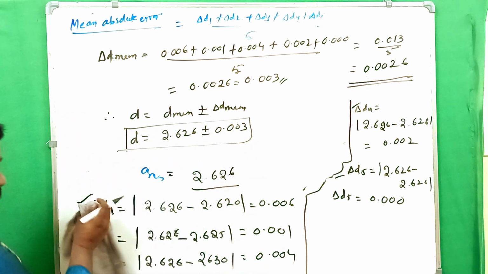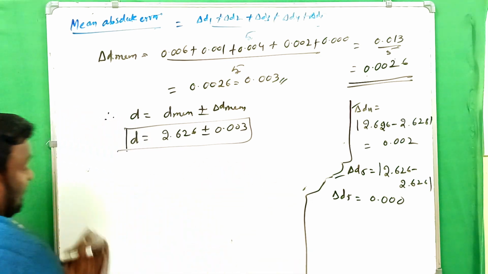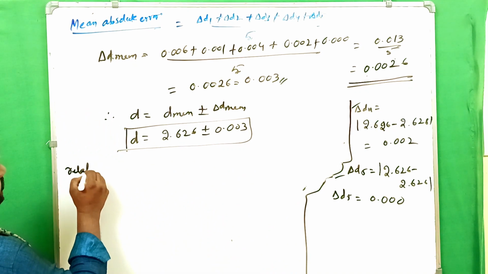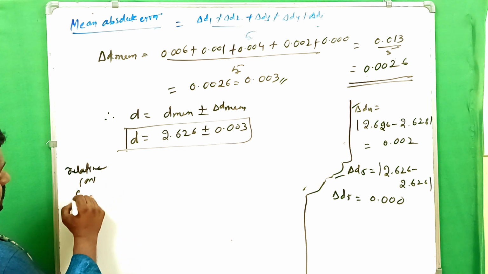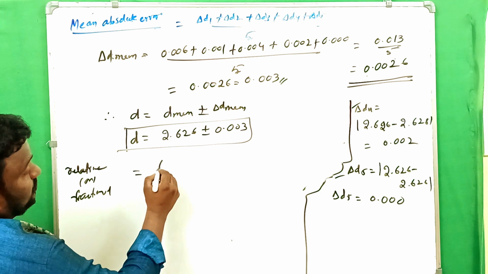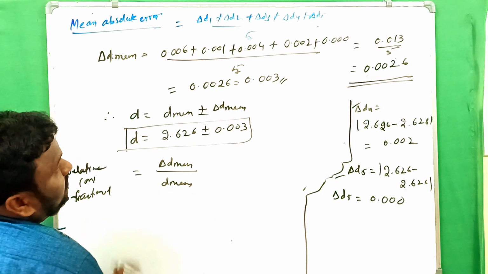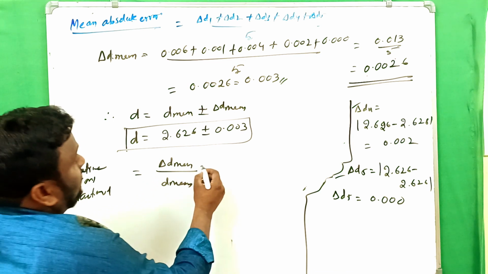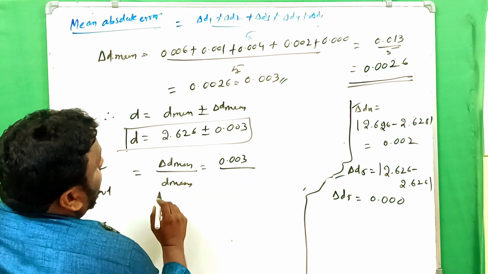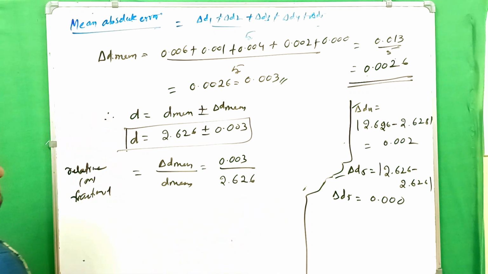And now what do we have to find out? We have to find out the percentage error or relative error first. Relative error, also called fractional error, is equal to delta d mean by d mean. What is delta d mean here? 0.003 by d mean, which is 2.626.